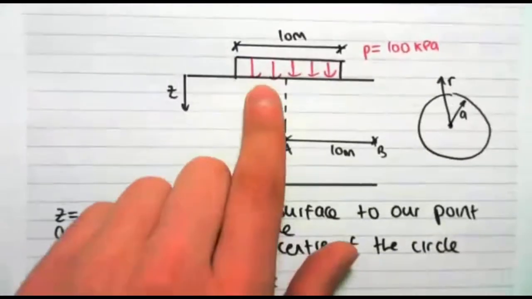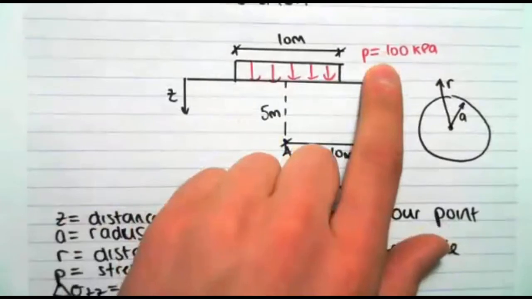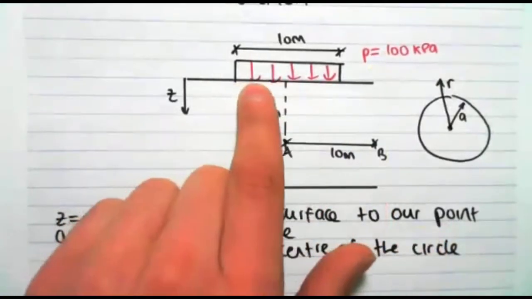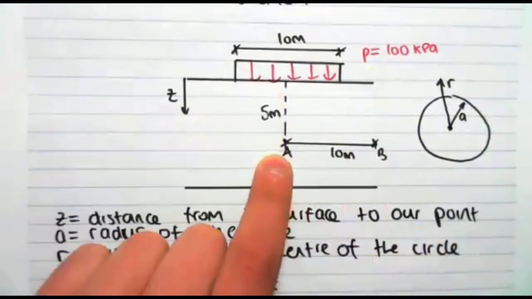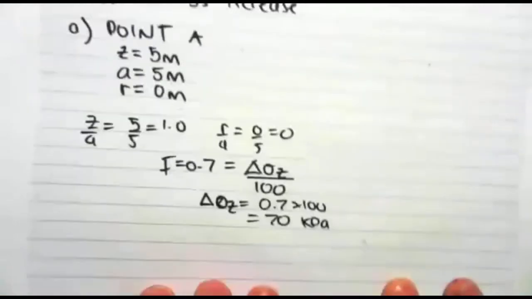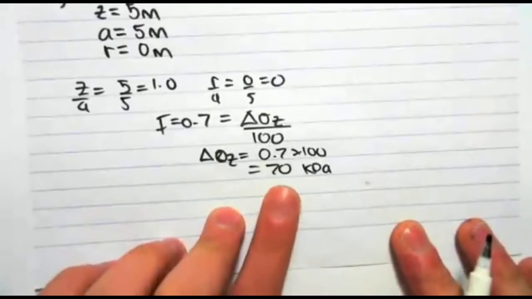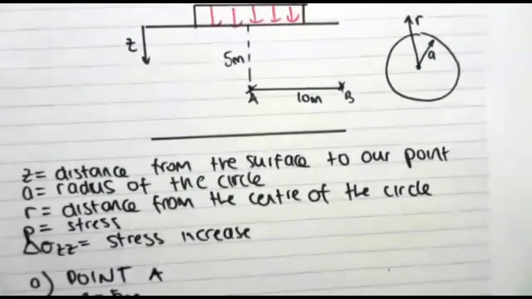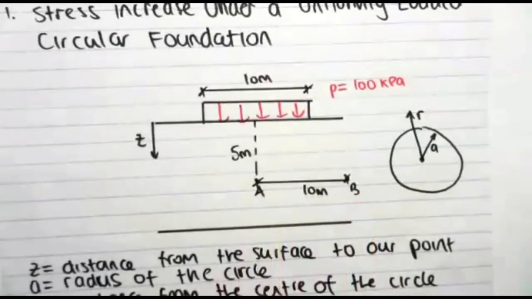So because of our foundation, which is putting 100 kPa of pressure on the surface of the soil at point A, which is 5 meters below the surface and right at the center line, the vertical stress increase is 70 kPa. So let's do this now for point B, which is eccentric to the center line.